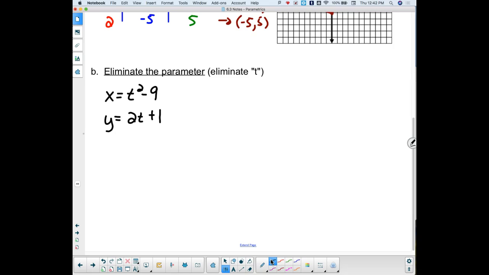So that leaves me with one real choice, and that choice is I need to solve one of the equations for t. So my choice is in the x equation to solve for t, or in the y equation to solve for t. Which one?